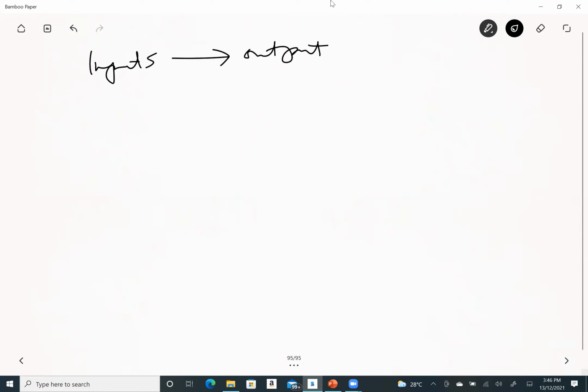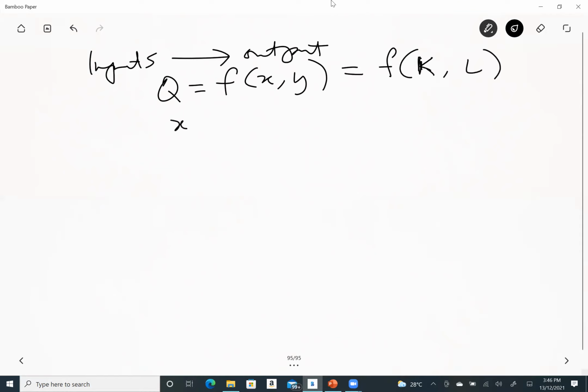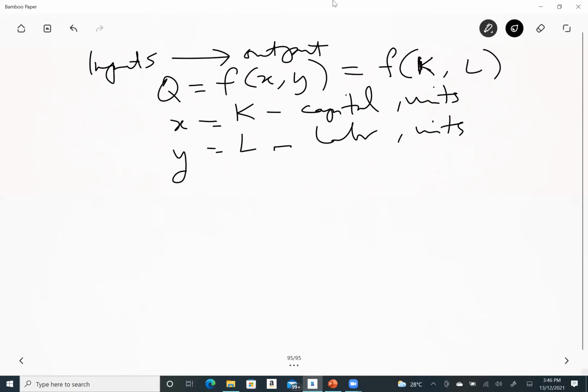So that is production, denoted by Q, here a function of X and Y. We can use X and Y, but specifically for inputs, we generally denote them by capital K and L, where X is capital, in units, and Y, normally L, is labour, also in units.